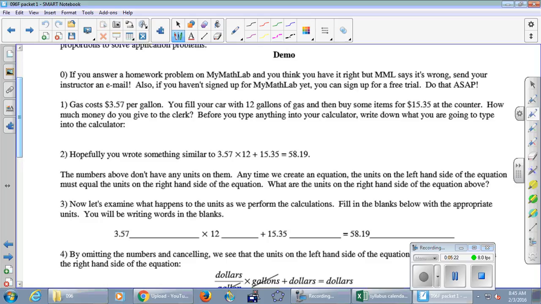Before we type anything into the calculator, we're going to write down what we're going to type in. So everybody's writing down a calculation. You've got three numbers in this problem. You're going to do some things to those three numbers, and then we're going to type it in the calculator.